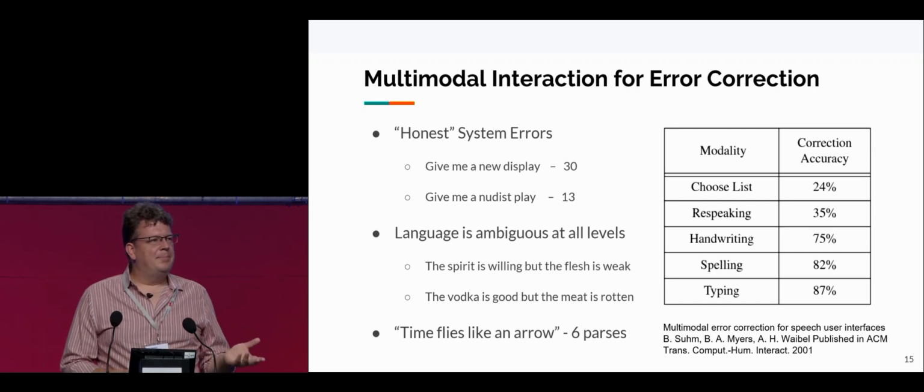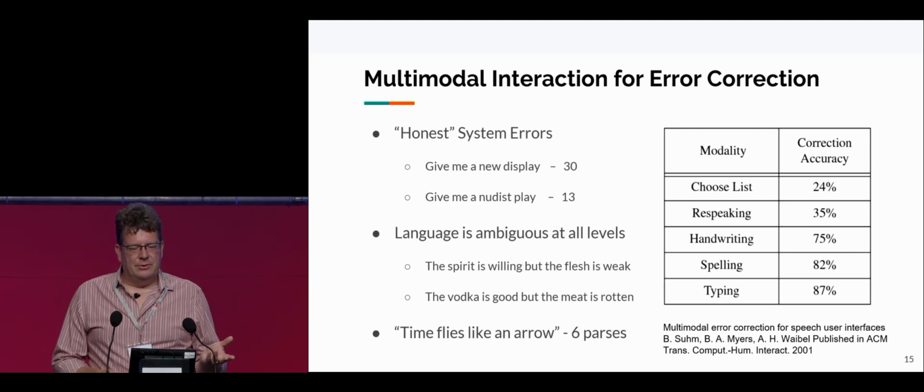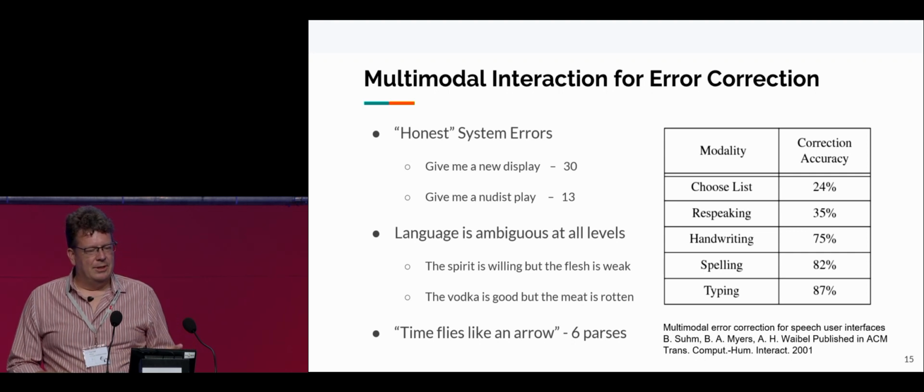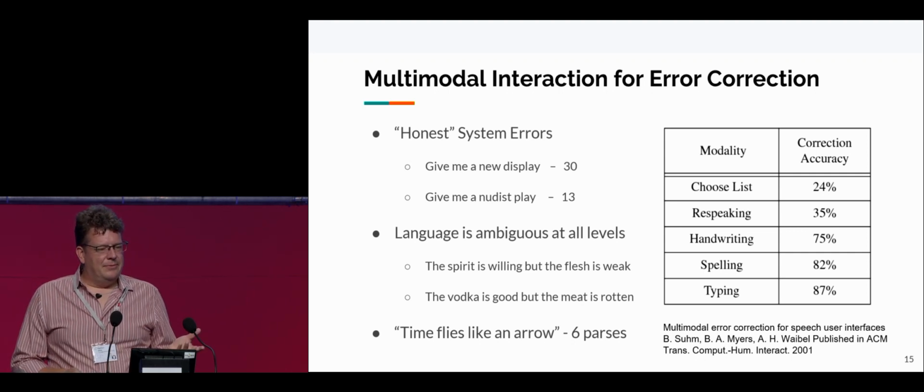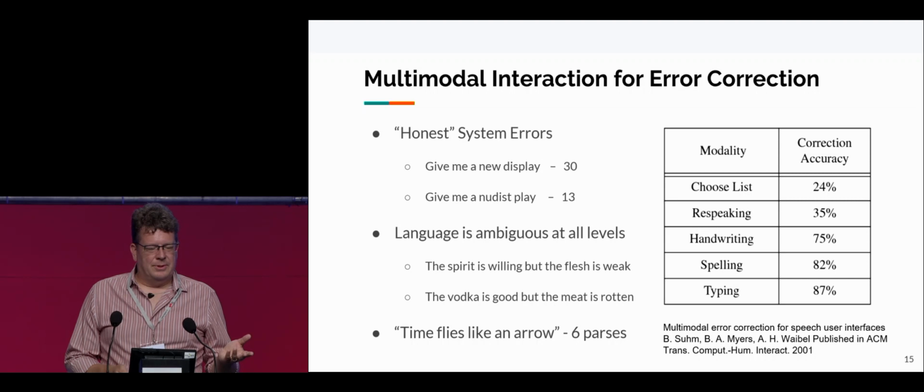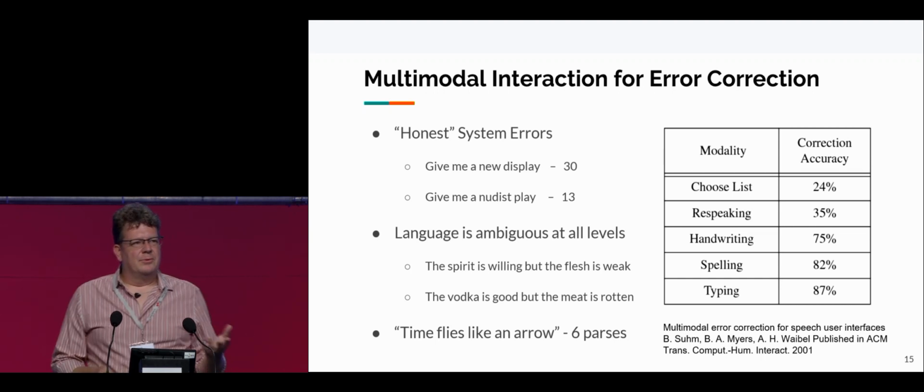If errors happen, we can use multimodality to perform error correction, and this can happen at several levels. Take honest system errors: for example, a person says "give me a new display", and a system might recognize this as "give me a new display" or confuse "30" and "13", which are often mistaken for each other.